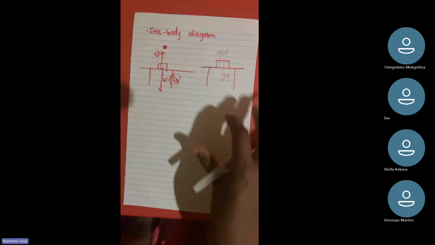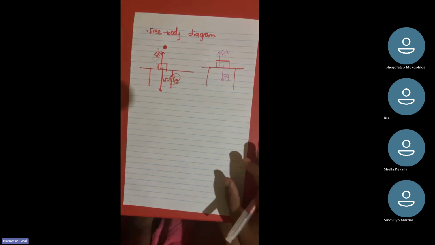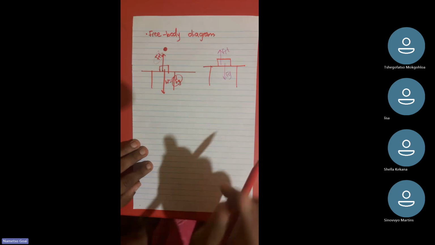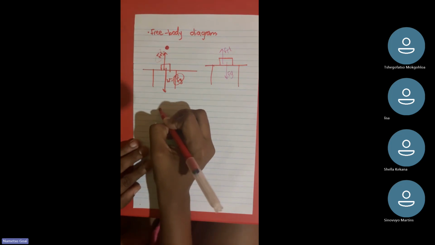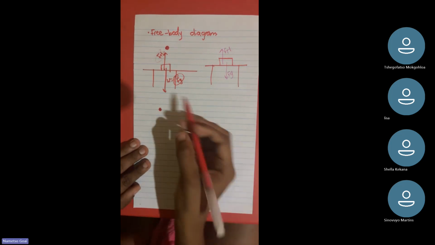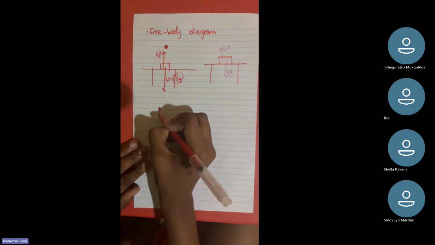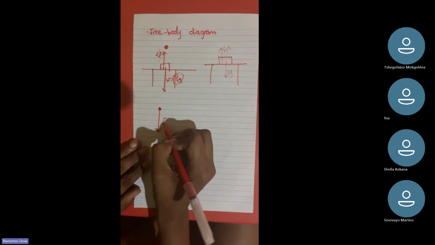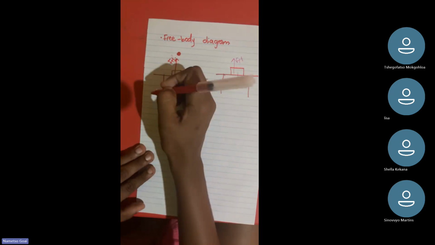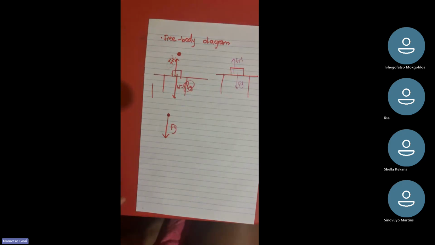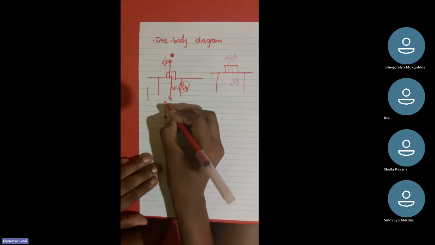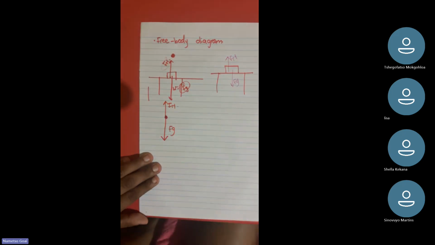This is the gravitational force pulling it down. If you draw the free body diagram of this, you're going to have a dot representing the object, and you're going to have Fg. You have to show the direction of the Fg, because if you just say Fg and draw it like this, we don't know where the Fg is acting. So this will be your Fg and this will be your Fn.